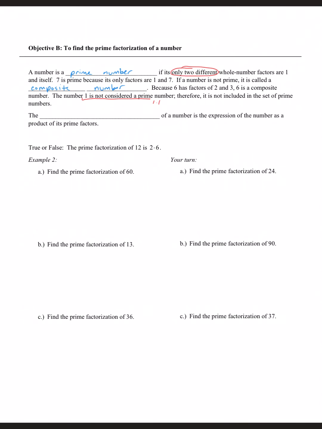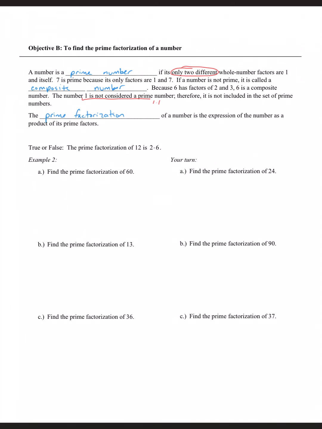It says the blank of a number is the expression of the number as a product of its prime factors. This is going to be prime factorization. So prime factorization is when you express a number as the product of its prime factors.